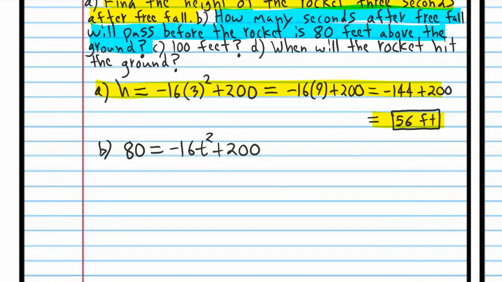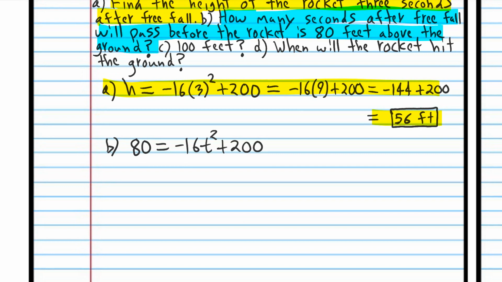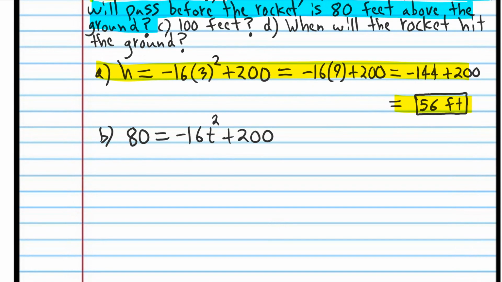So we plugged in 80 for the height, and we're looking for t. This is an equation with squares. We learned how to solve equations with squares. What you do is you isolate the square, and the square is t squared. T squared right now is not isolated because the -16 is next to it and the 200 is next to it.